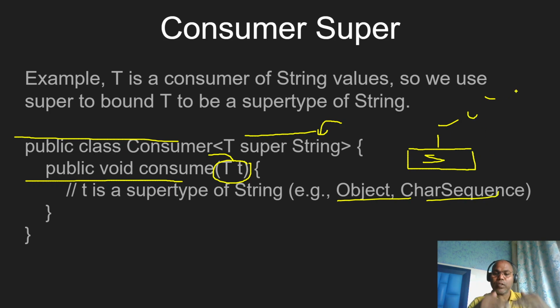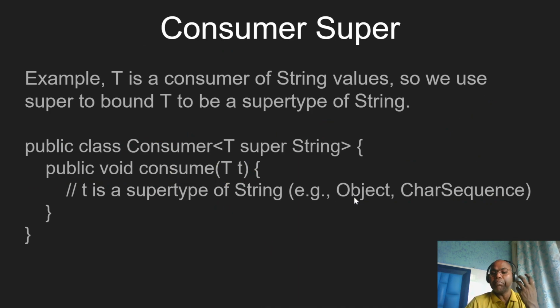So they allow string as well as its super classes. So this is under the consumer, meaning whatever generic bounded types you are going to define, your methods are going to consume value, they are going to receive value. So in that scenario you can just place the super keyword, because the bounded type you are defining is a consumer entity.